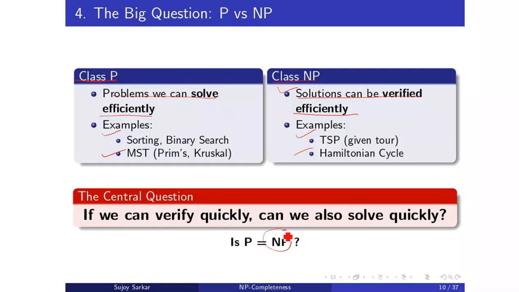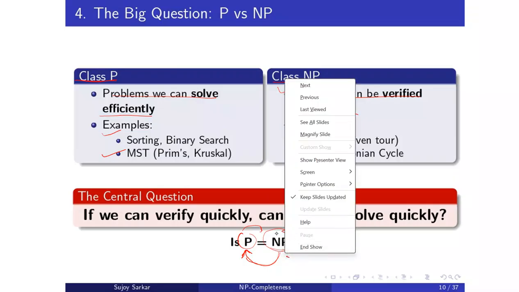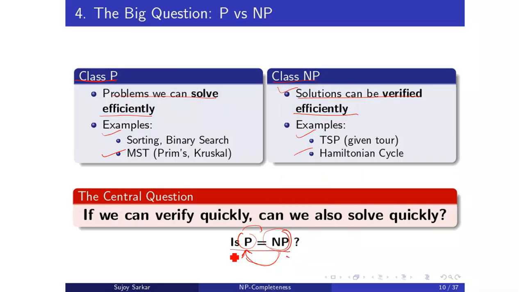But not all problems in NP belong to P. All problems in P belong to NP, but not all problems in NP belong to P. So there are some hard problems for which we still don't know the solution, but in future someone may come up with one. So that is an open question: is NP equal to P? That is, for all problems in NP, is there an efficient algorithm? Yes or no? We don't know. It's an open question.